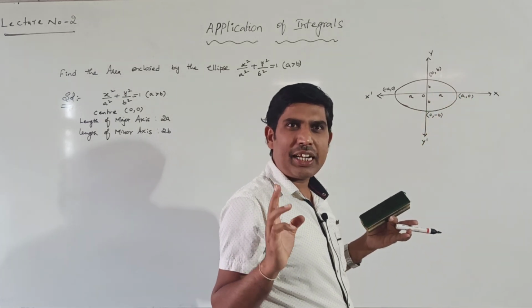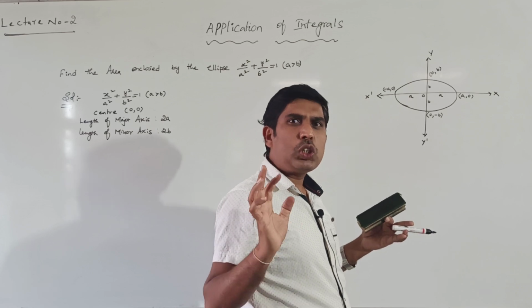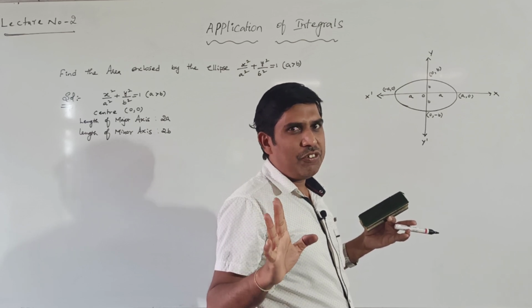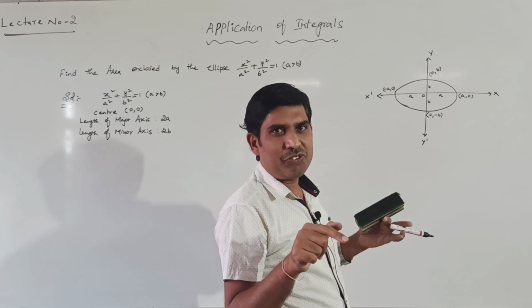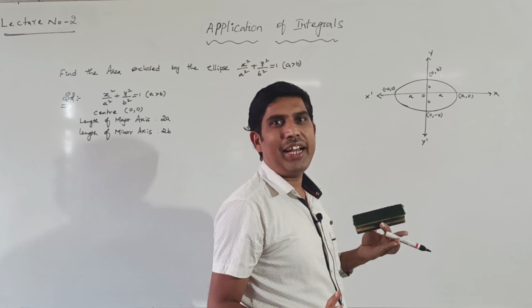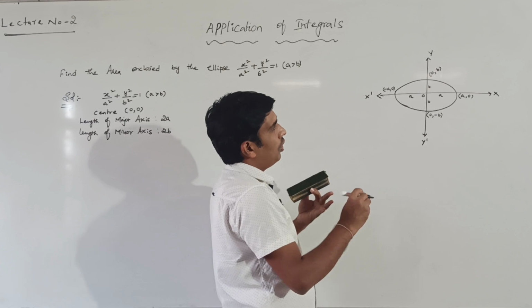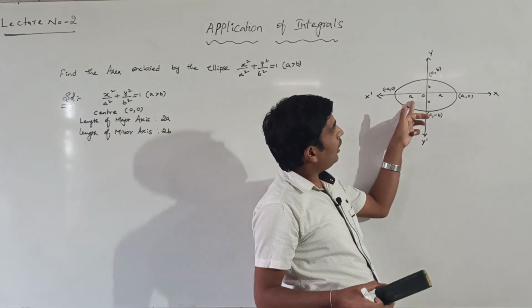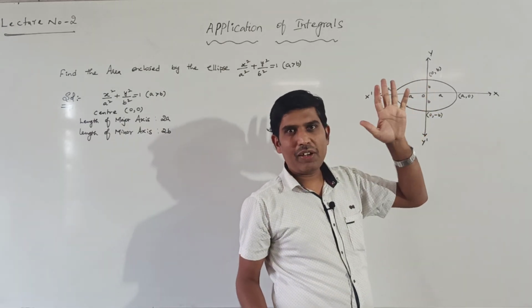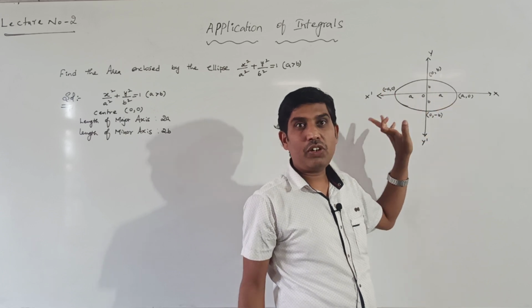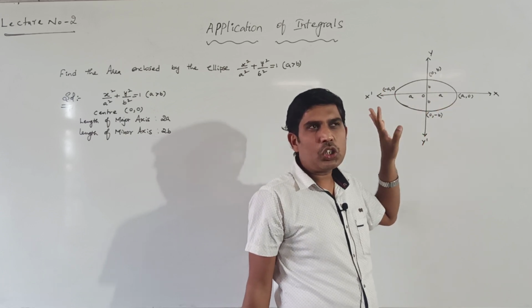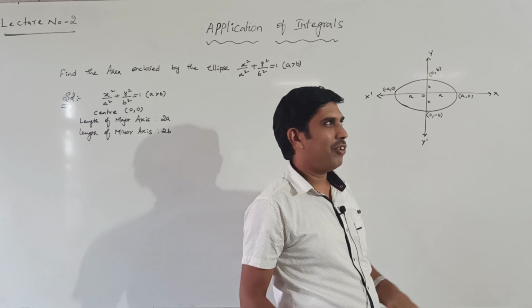So one part area if you find, multiply with 4 will get the required area. So therefore forget the 3 parts, only in our mind first quadrant part only. So the first quadrant part area we have to find out.